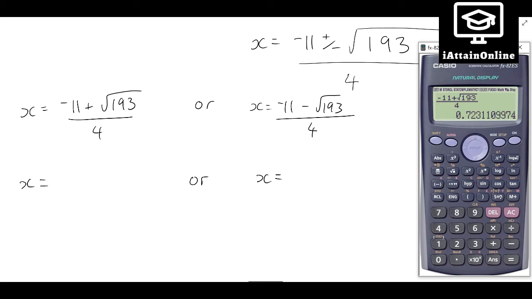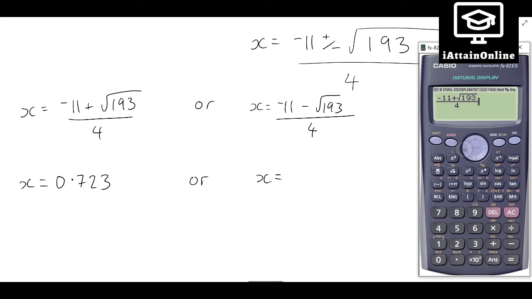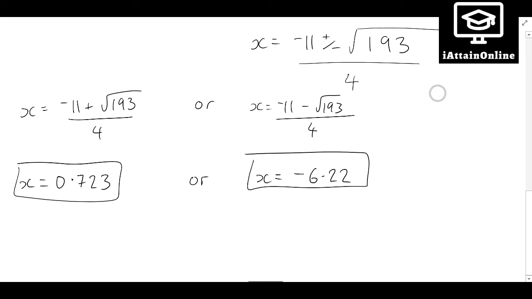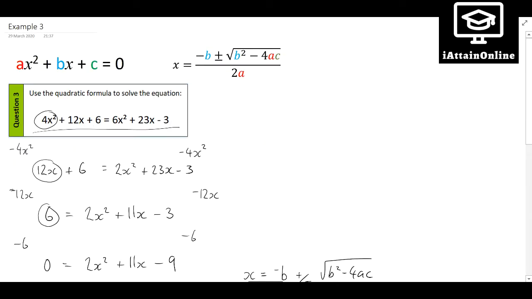So 0.723, or let's go back in and change that to a minus. Negative 6.22. I'm giving all my answers to 3 significant figures. So those are your 2 solutions to this quadratic equation.